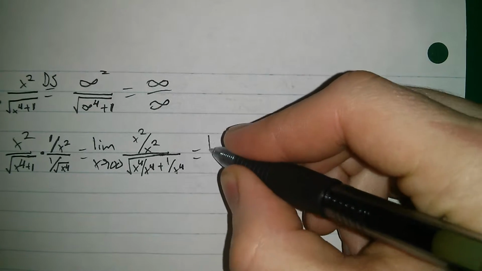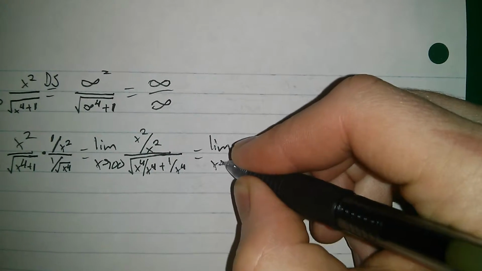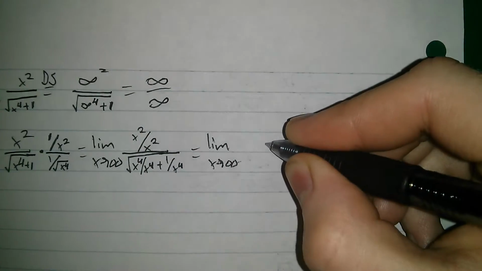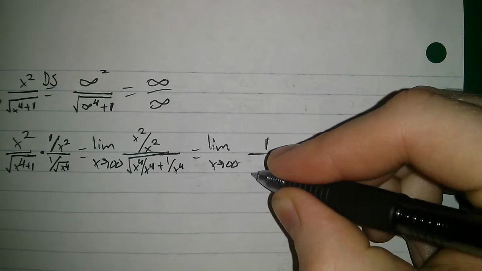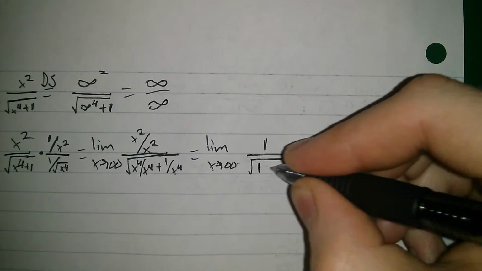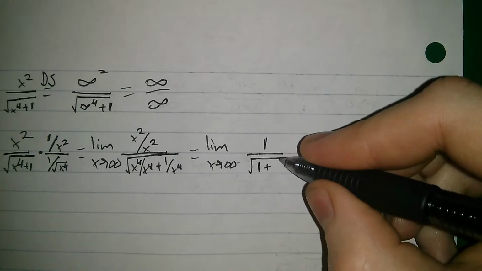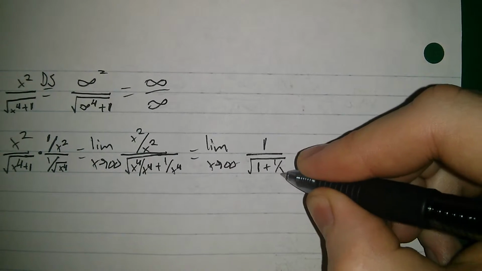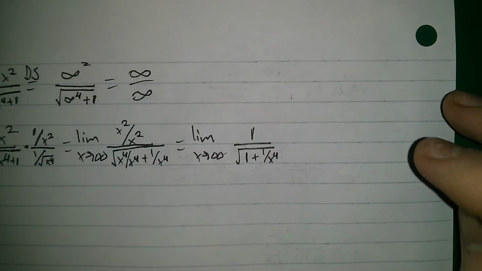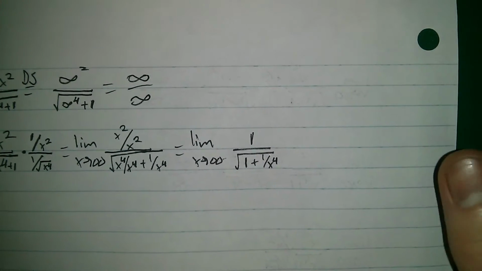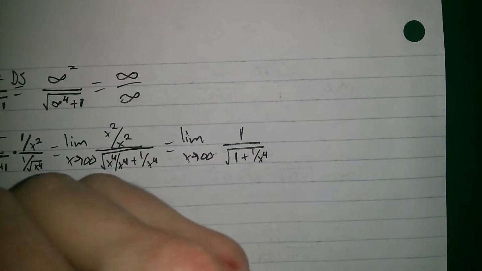And that is equal to the limit as x approaches positive infinity of 1 over the square root of 1 plus 1 over x to the fourth. The reason we did that is because it simplifies the problem when we get to the direct substitution.